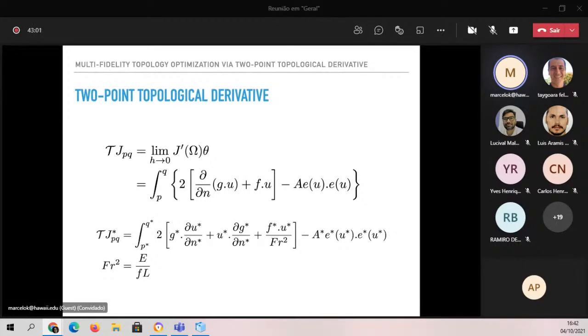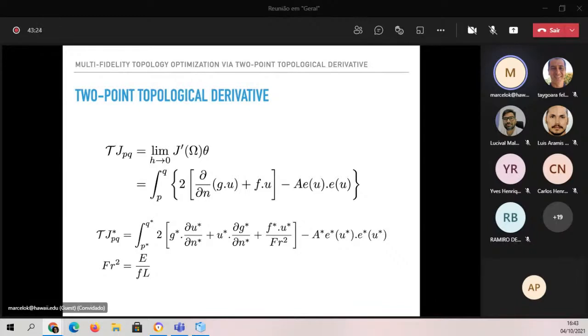The third term inside the brackets is the work done by the body forces, and that involves a Froude number squared, calculated with the sound speed in the metal, which is extremely large, right? About 5,000 meters per second in steel. So it's a very large number.